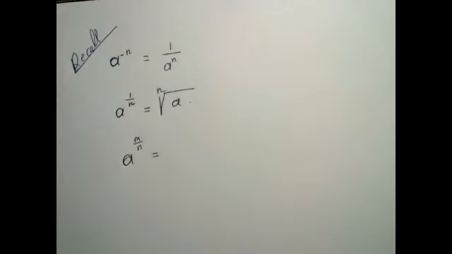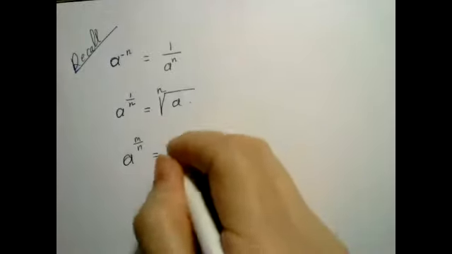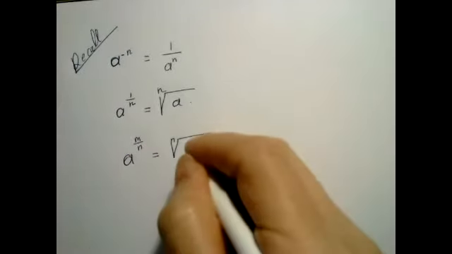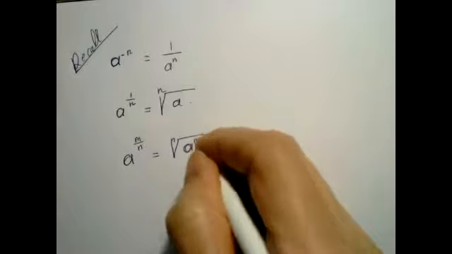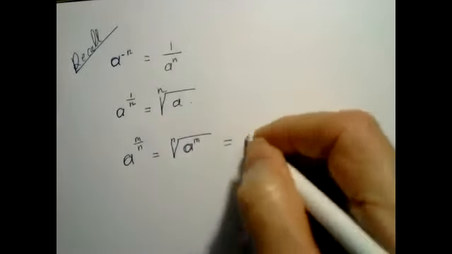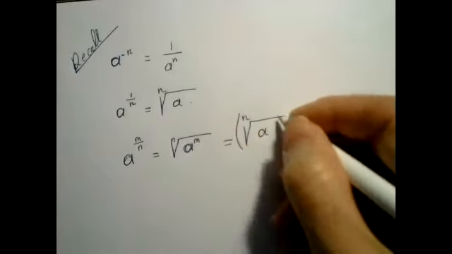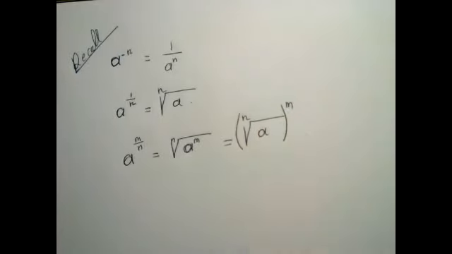We have to know what those mean. The denominator is the root of a. You can put m inside, or, and this one is sometimes easier, take the root first, which is the same thing as doing this. All right, so that's really those definitions.